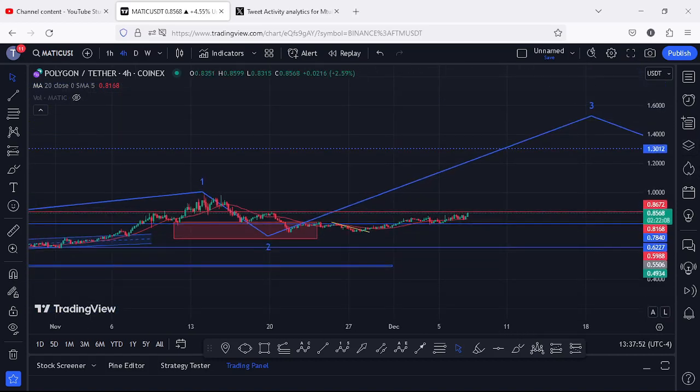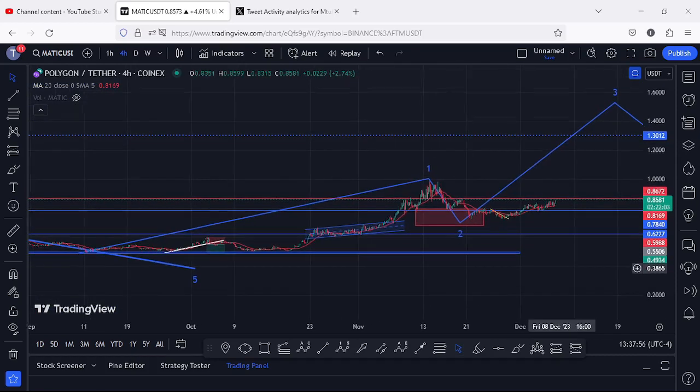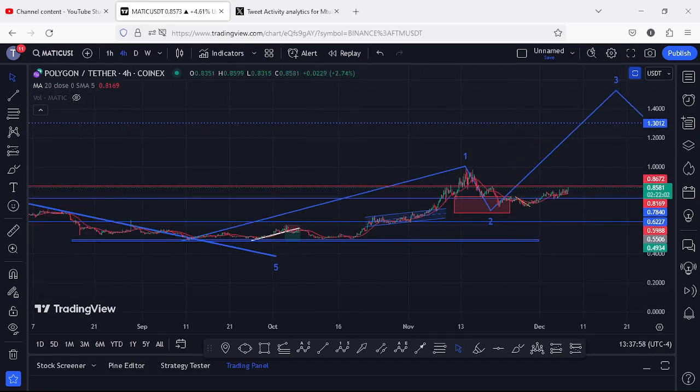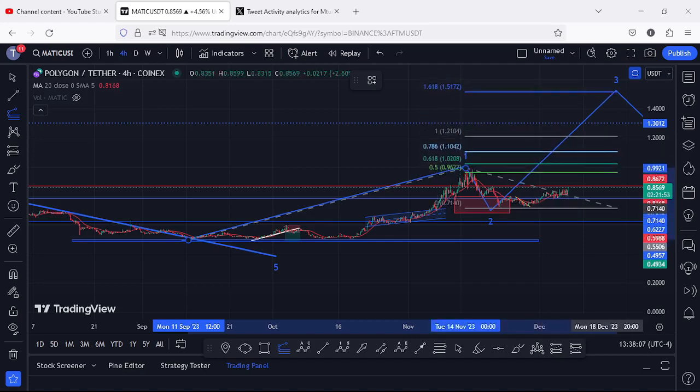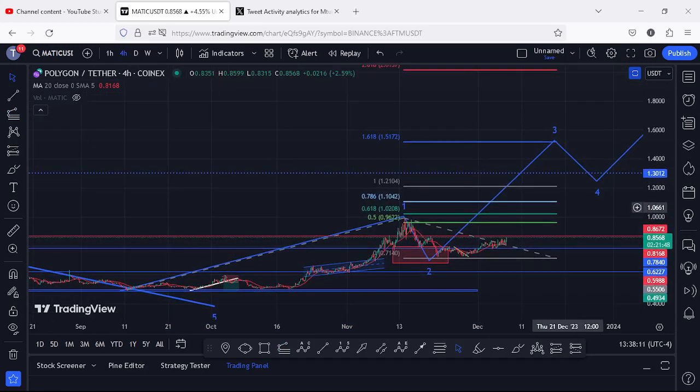in a wave that I'm terming as the formation of this wave 3. The minimum target areas for the third wave can be given by connecting the trend-based Fibonacci from the low of the first wave to the high of that wave 1, then dragging the fibs to the low of the second wave, giving me a minimum target area above the fib level 1.618, and that is above the $1.51721 mark, which is the minimum that we can expect that wave 3 to the upper side to do.